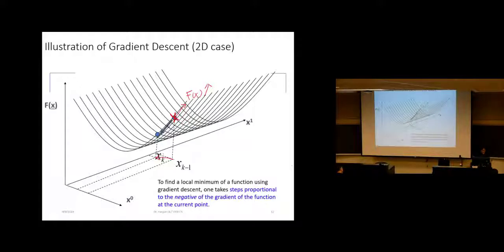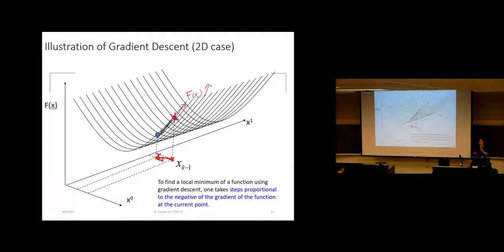So if you go in the reverse direction of the gradient, you go from x_{k-1} to x_k, and that clearly pushes the function to be smaller, just from the surface map. You take steps proportional to the negative of the gradient of the function at the current point.